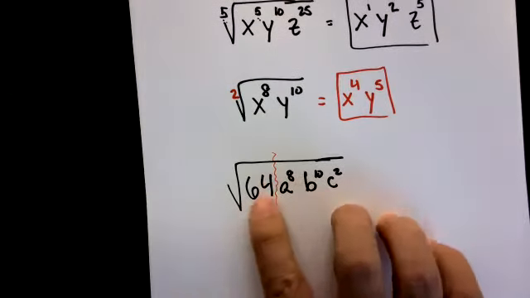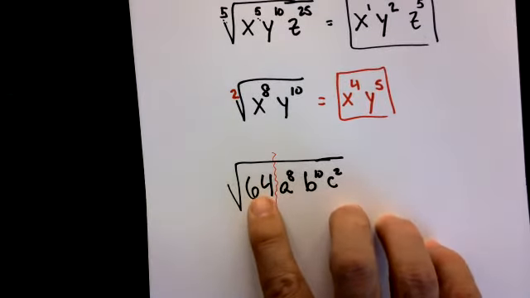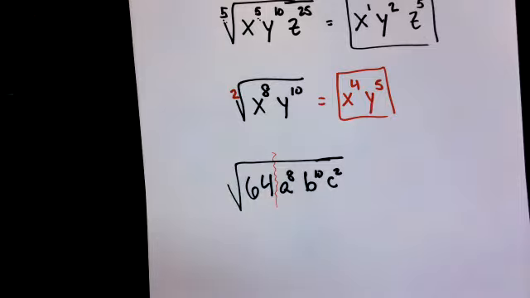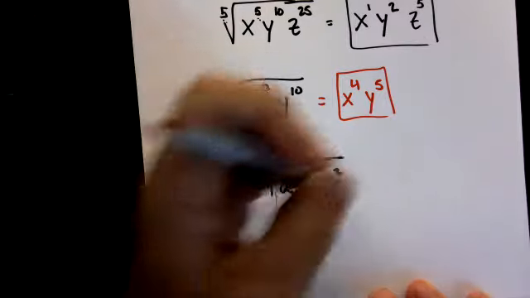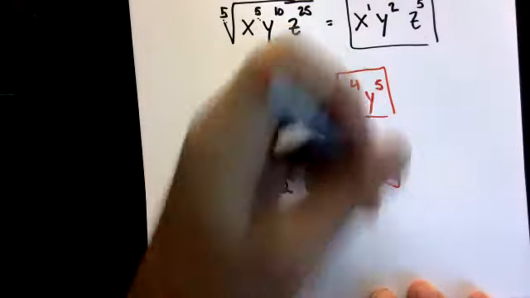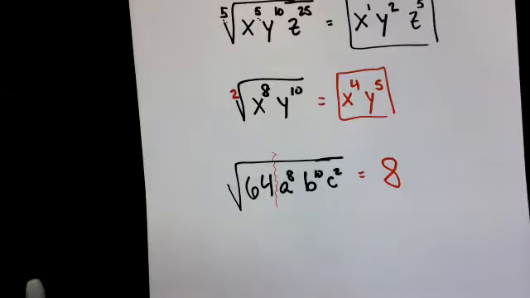So this square root of 64 is asking me, what number times itself is 64? 64 is 8 times 8. So the root of 64 part is 8. Then the variables and exponents, we do that division.